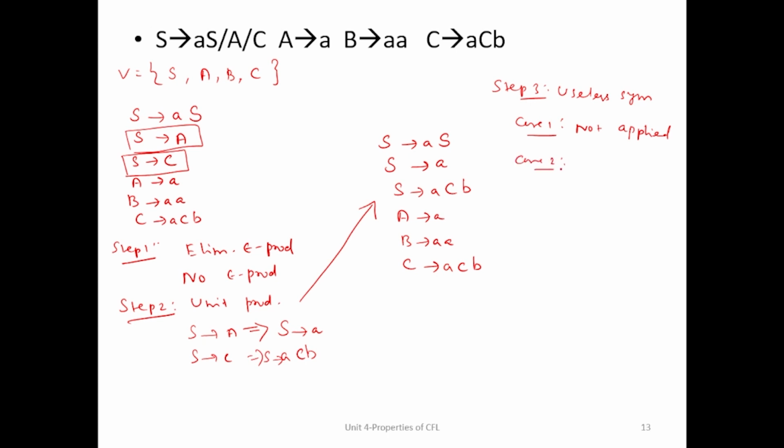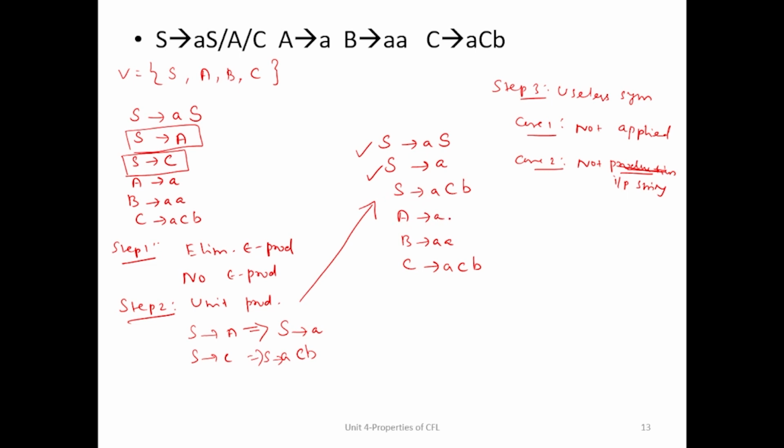Now consider case 2: if any non-terminal does not produce an input string, that will be considered case 2. So here instead of capital S, if I substitute small a, S is able to produce an input string.